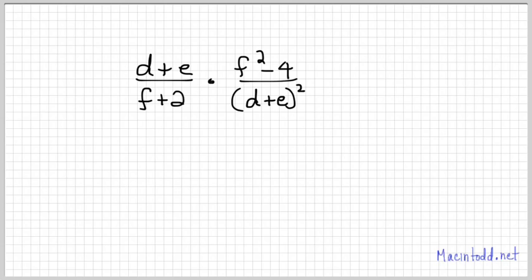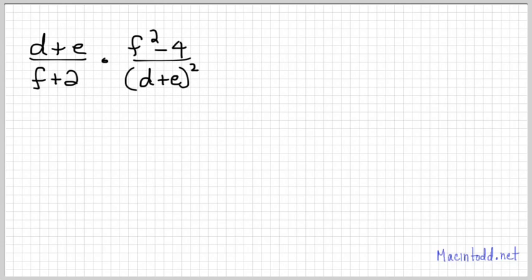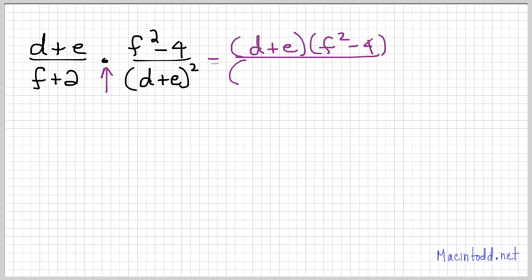And we're going to try to move this whole thing if I can. Right there. Now, again, notice this big multiplication right here. What that means is that D plus E and F squared minus 4 are now factors of the numerator. And F plus 2 and D plus E is a factor twice in the denominator.